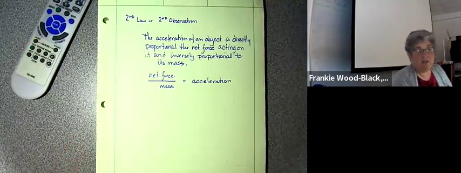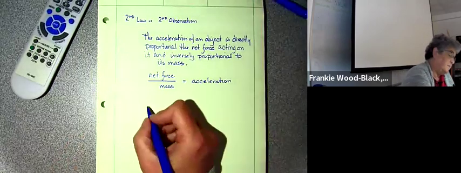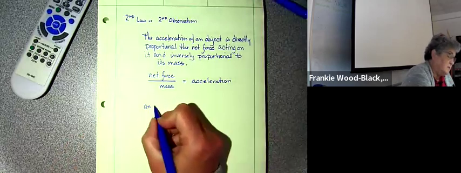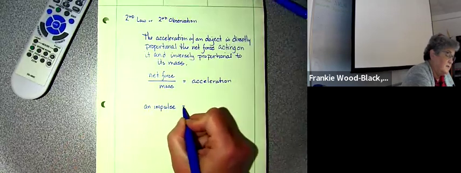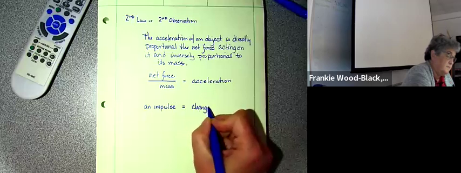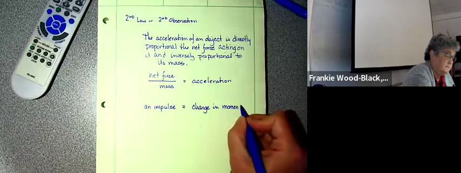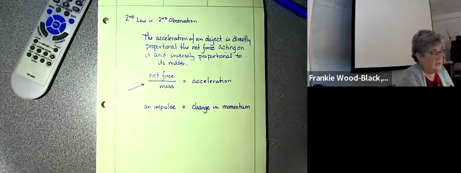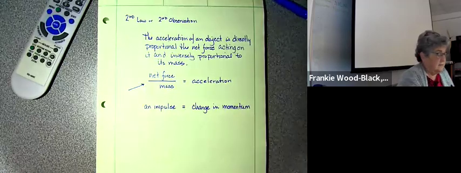That's not what he actually observed. Actually, what he said was that an impulse is equal to a change in momentum. So this is a simplified way of looking at this.